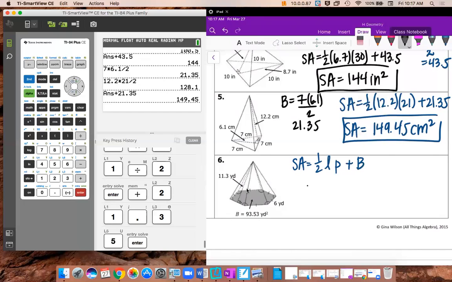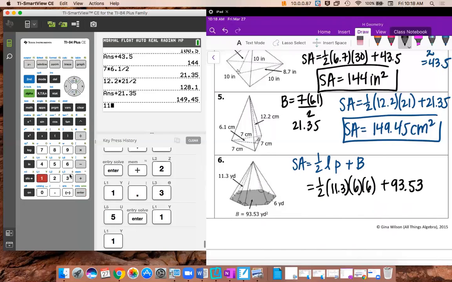Okay, so we've got 1/2, slant height was 11.3. Perimeter, it looks like all of these are 6 because it's a regular hexagon. So that means we're gonna do 6 times 6, and that'll give us the perimeter of our base. And then we're gonna add to that the area of the base, which they gave us was 93.53, so we don't have to calculate that. And then we just plug it in, so 11.3 times 6 times 6, which is times 36, divided by 2.